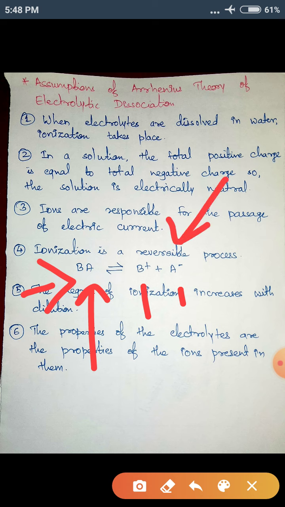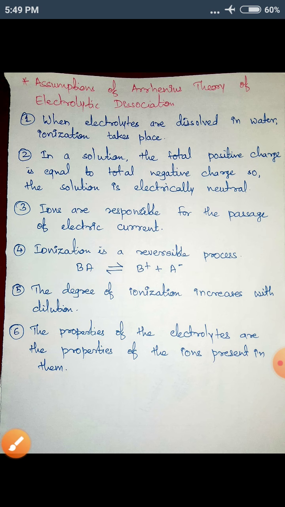This process can also be reversed. If we have ions B plus and A minus, we can also get back salt BA. So ionization is a reversible process. We can travel in both directions. We can have a salt and then ionize it, or we can have ions and form a salt.